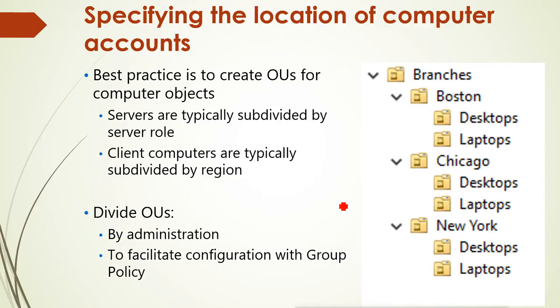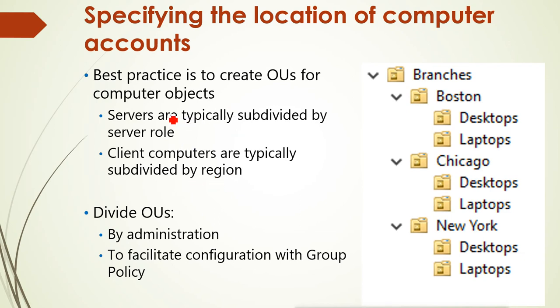Now that is the default location for the computer accounts, but we can specify a different location for the computer accounts also. The best practice is to create OUs for computer objects, and servers are typically subdivided by server roles, and client computers are typically subdivided by regions.